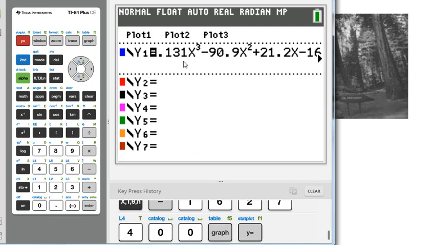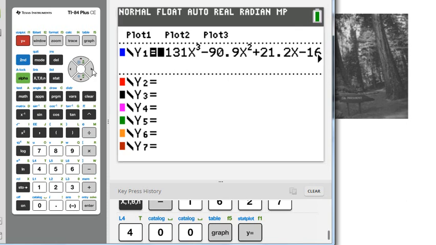Okay, 0.131 x cubed minus 90.9 x squared. Yeah, what it is, it's 21,200 x, so that's going to be 21,200. So this is going to help us out here.